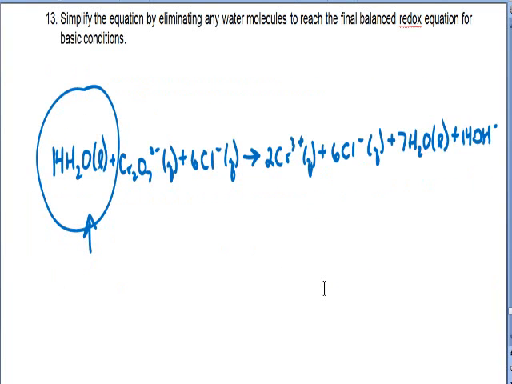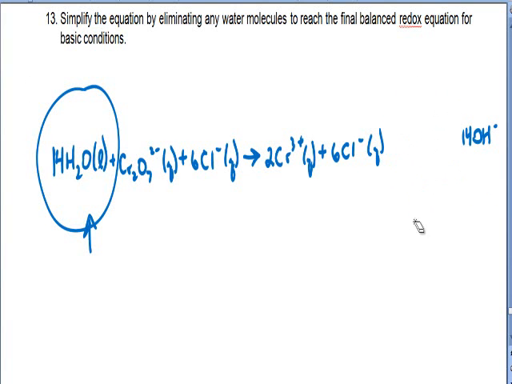Our next step now, we want to eliminate any water molecules or simplify our equation. We can see we have 7 water molecules on the right side. We have 14 water molecules on the left. This can be simplified by taking the water molecules on the right, the 7 H2Os. These can be eliminated.